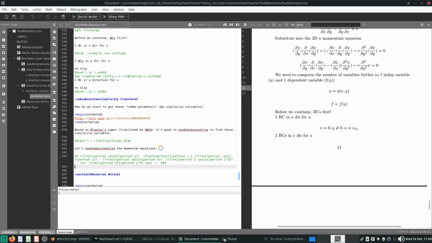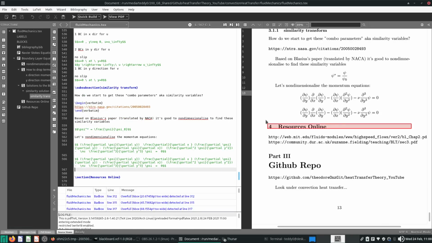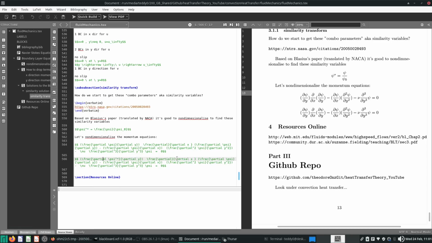Okay, so I'm going to paste this twice, because the second one I'm going to non-dimensionalize. So let's non-dimensionalize this first term on the left. So psi becomes psi star. Okay, psi equals psi star times psi naught. So that's the first term.